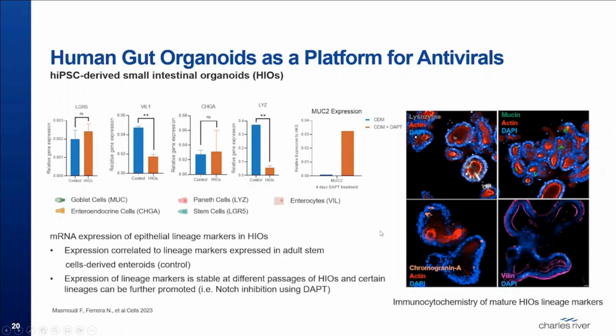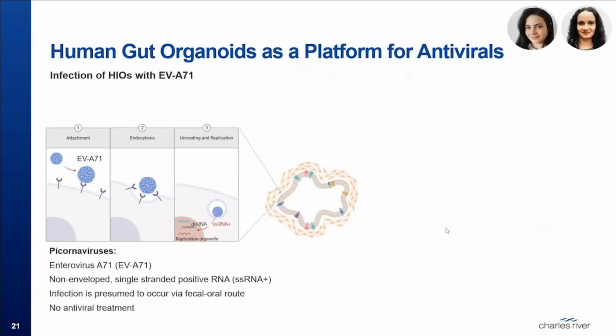In this work, instead of using adult stem cell-derived organoids, we differentiated them from iPSCs. And here it just shows the different markers that we looked at, both by qPCR and immunofluorescence, just to validate the organoids.